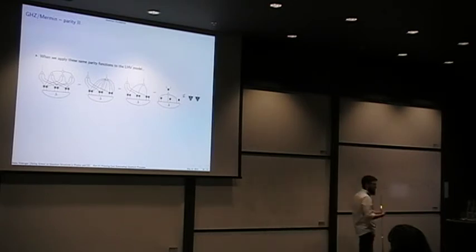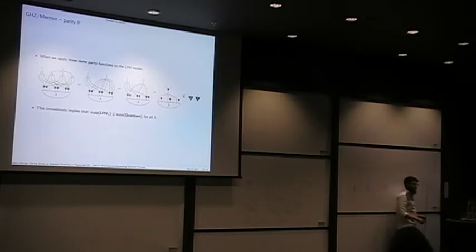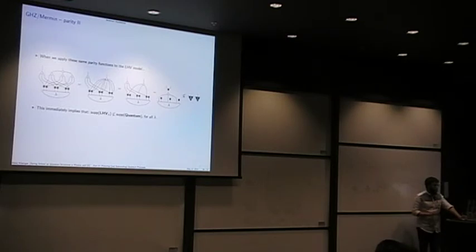This implies that for any lambda, the support of LHV lambda can't be in the support of this quantum distribution. So that's how the picture of Mermin goes.